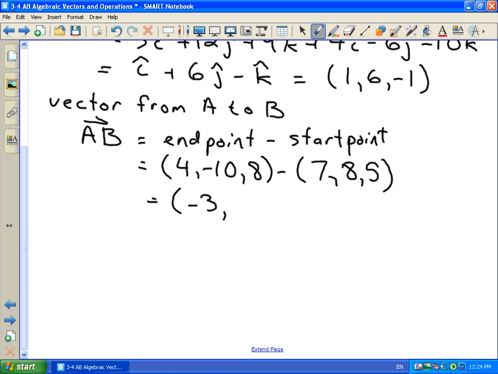Negative 10 minus 8 gives us negative 18. 8 minus 5 gives us 3. So we've got our vector AB here, negative 3, negative 18, 3. And what we want to find out is, is w parallel to AB?